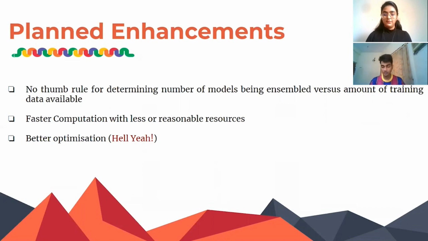So the number one challenge is the fact that there is no thumb rule. There's no mathematical expression which tells you that if you have a certain amount of training data available, how many models will be the best fit for you to ensemble. There's no expression relating the number of ensembles you can use to the amount of training data available.